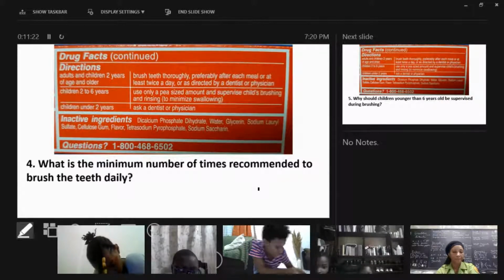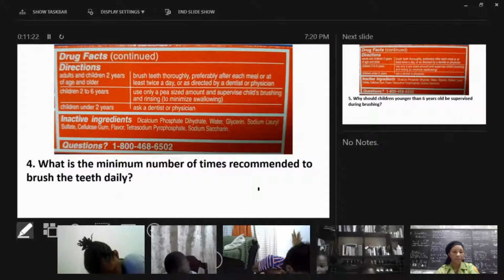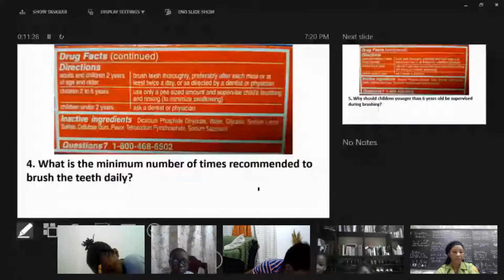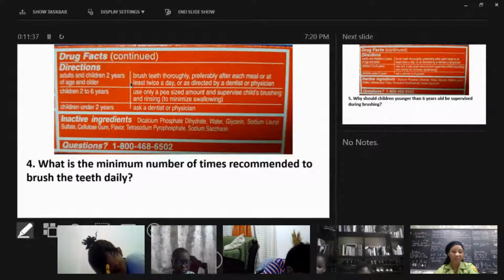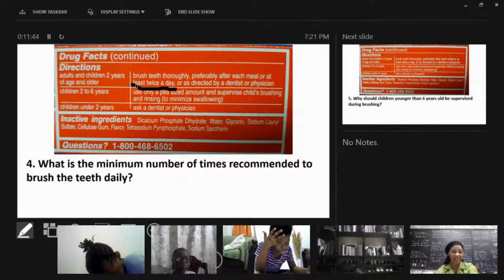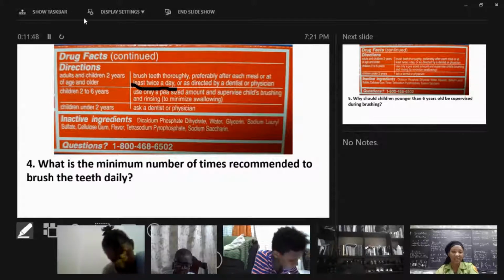Miss, can you please check out the adults and children 2 years of age and older? Miss, it says that you must brush your teeth at least twice a day after a meal. All right, so the minimum is twice a day. At least means minimum, right? So that's correct. Twice a day, 2 times per day.